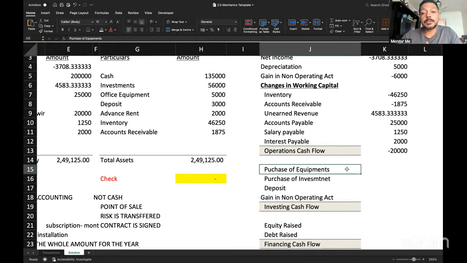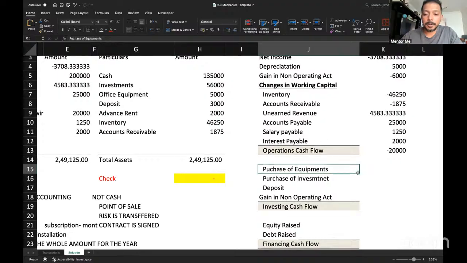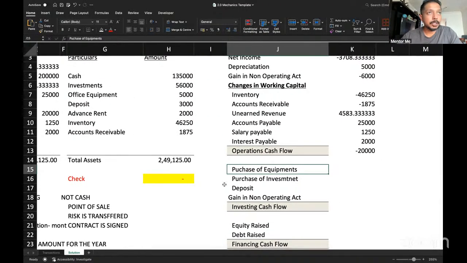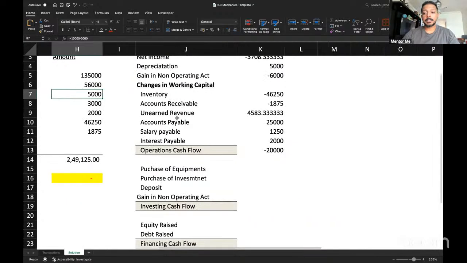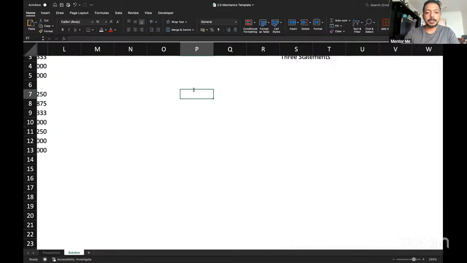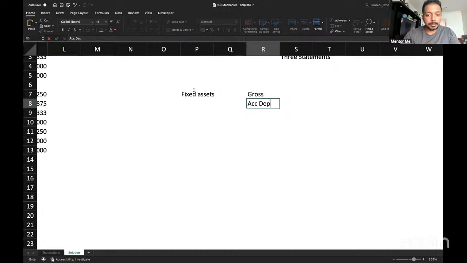Okay. Now let's come to equipments. In equipment, you just have to be a little more careful, because when you're dealing with actual balance sheets, never take the actual ending values of office equipment. Whenever in the balance sheet, you'll see fixed assets shown as gross, accumulated depreciation, and net fixed asset.